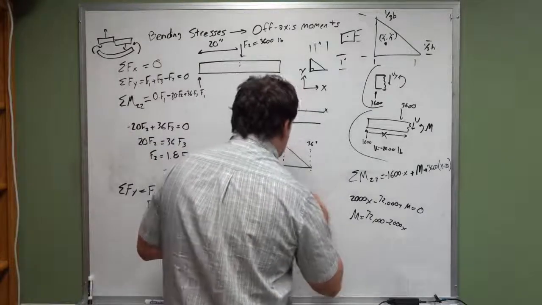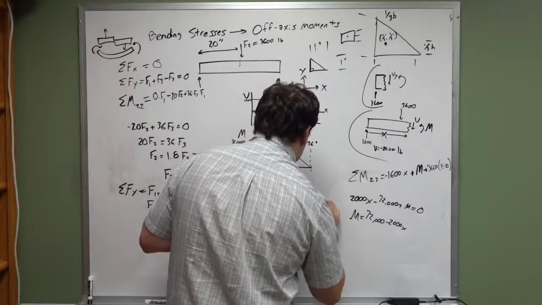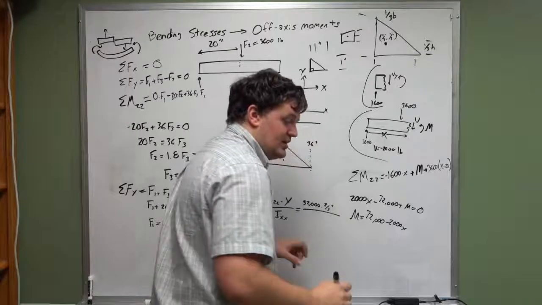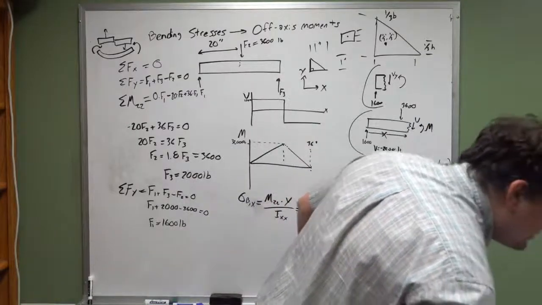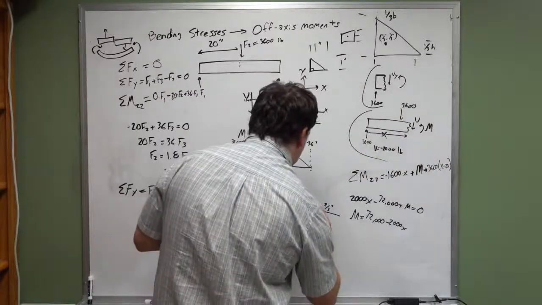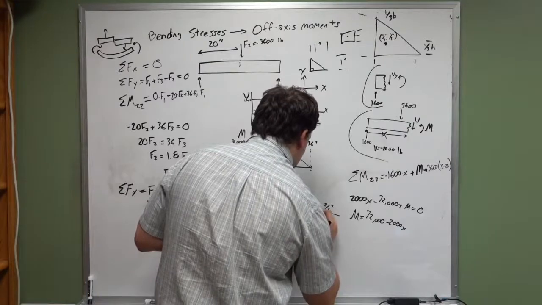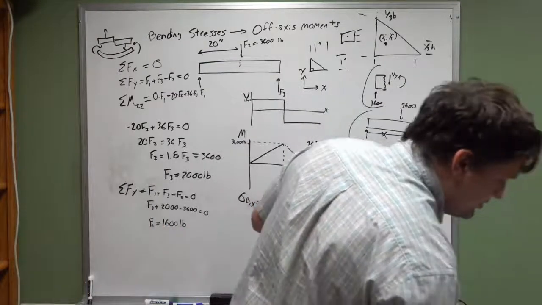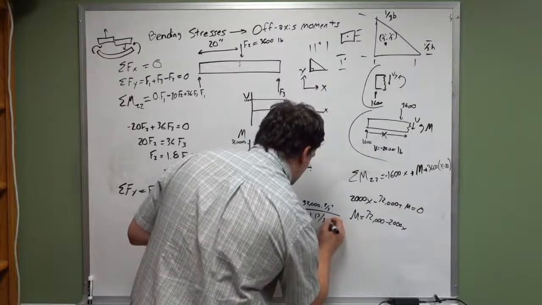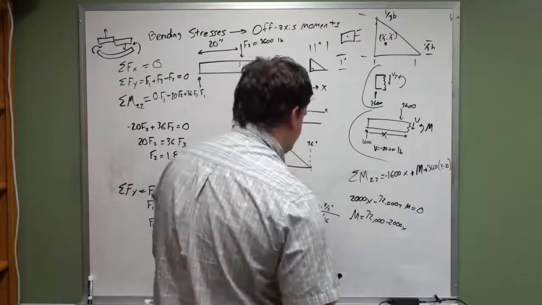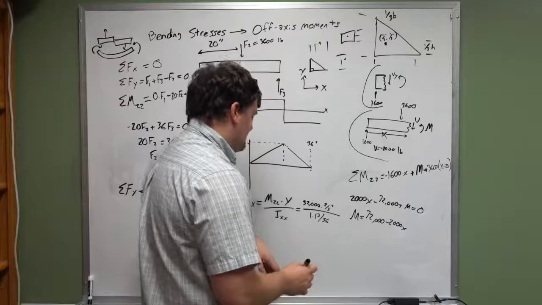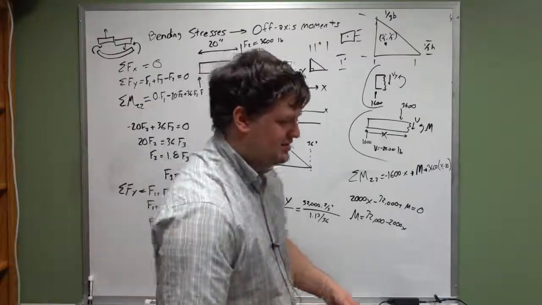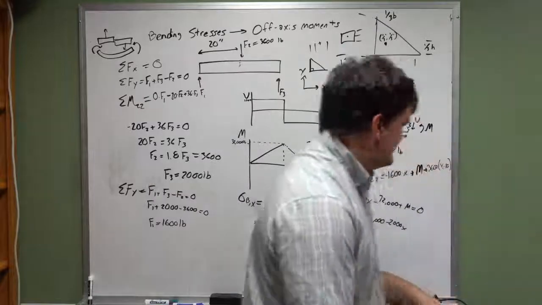So we have MZZ, which is 32,000, times 2/3 of an inch, divided by IX for this, which is BH cubed, so 1 times 1 cubed divided by 36. If I run the math on this, I should get a nice number.